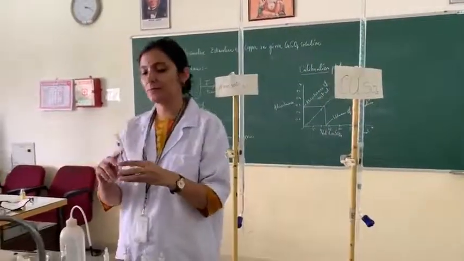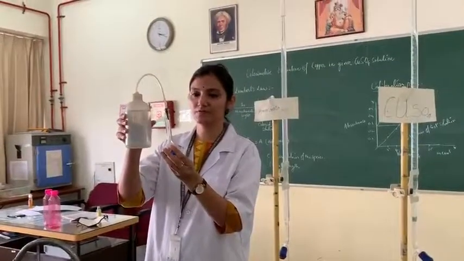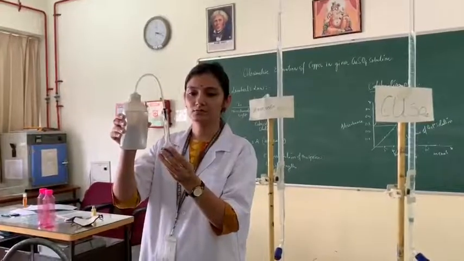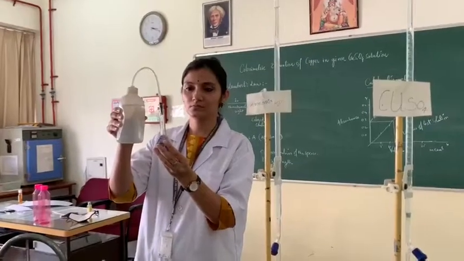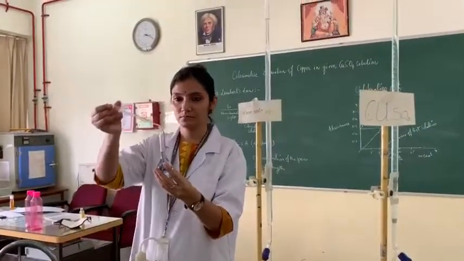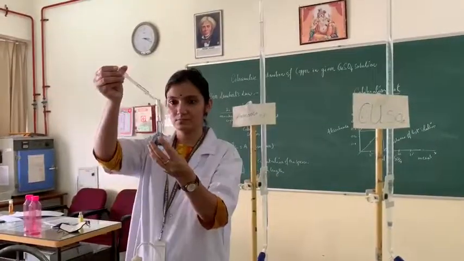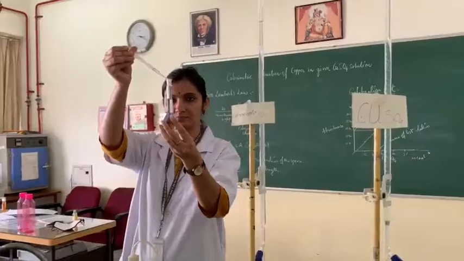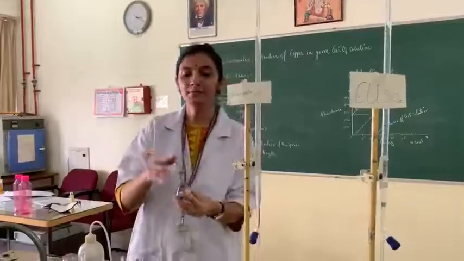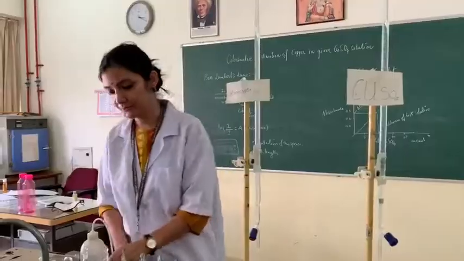Since this is a 50 ml volumetric flask, you need to make the solution up to 50 ml by adding distilled water. With the lid, shake the solution properly, and then you place it back.